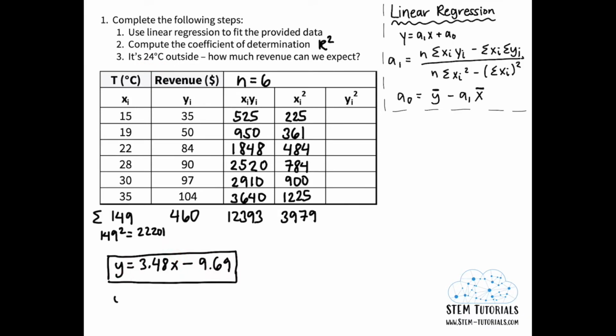So let's just do this together. Y equals 3.48 times 24 for 24 degrees Celsius minus 9.69. And when we calculate this, we get an answer of 73.83. Just put down dollars. So with this, we've answered the question for part 3.